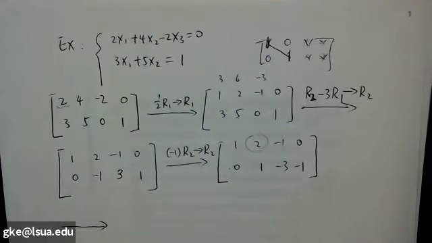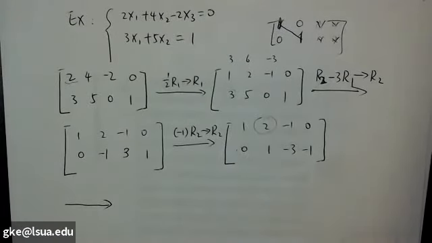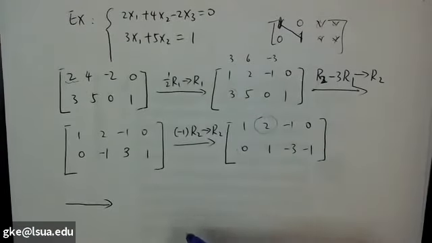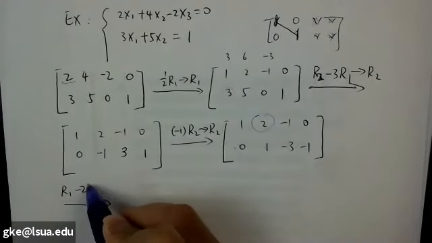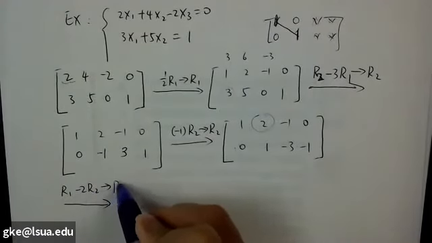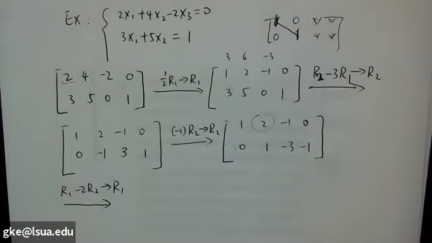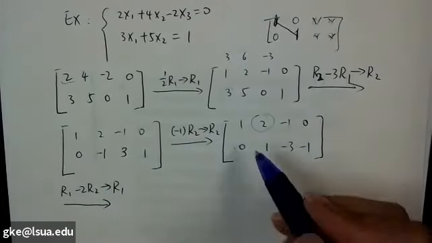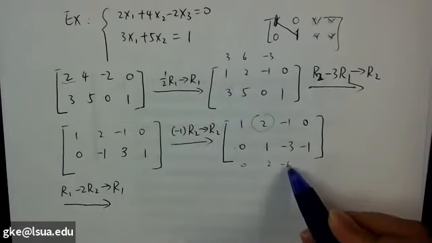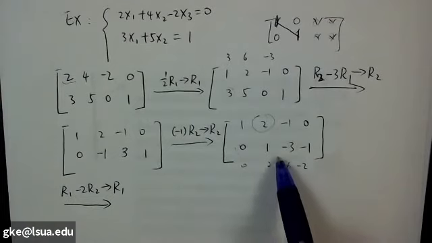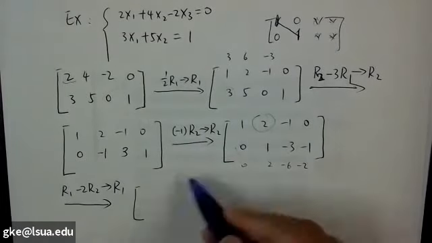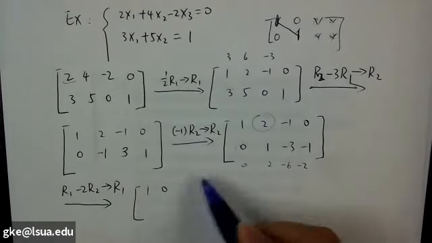We let R1 subtract 2R2 for the R1, right? So let this entry have 2, going to be this entry. And then we do the subtraction. 2 minus 2 is 0.